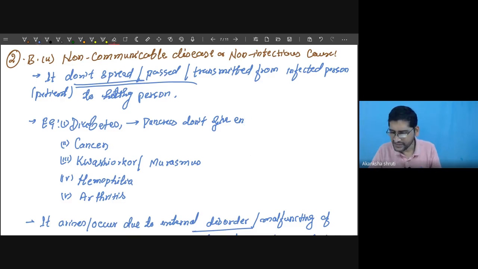Or we may write the enzyme, or the better term is hormone, so we shall write the hormone insulin to digest the sugar.